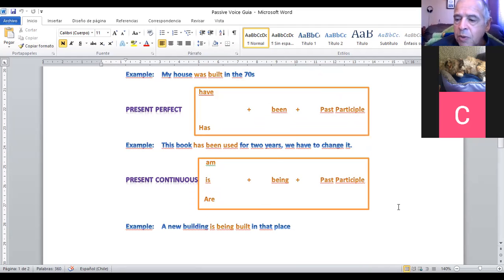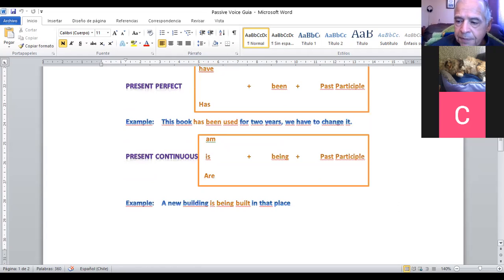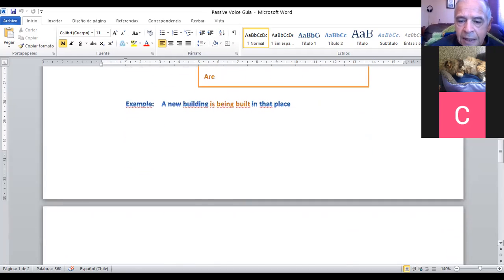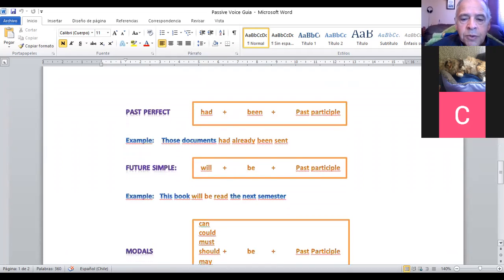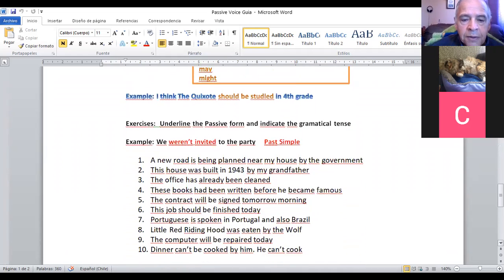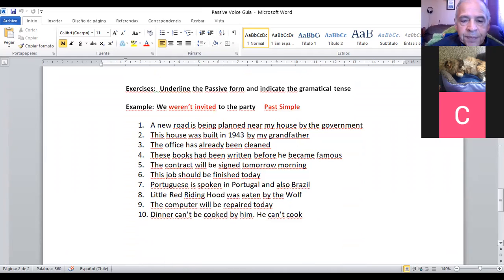Okay, this is what we saw yesterday. And we did some of the exercises in which we recognize the passive voice and the tense. For example, a new road is being planned. This is the passive voice, and it is present continuous. Was built.